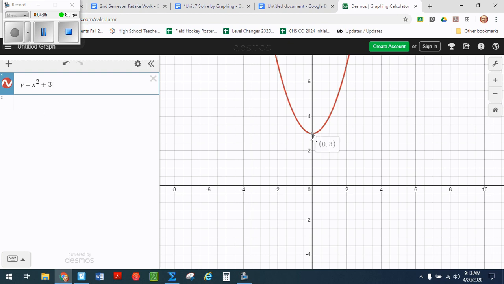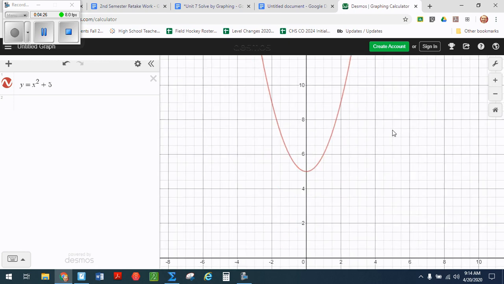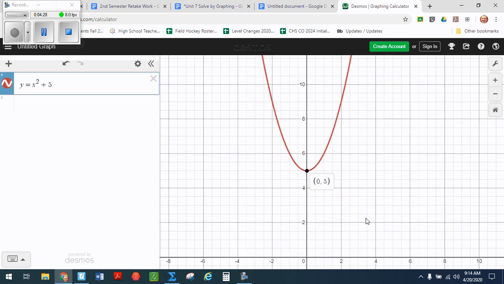It's 0, 3. If I didn't have the +3, my vertex was at 0, 0. If I put a +3, my vertex is at 3. If I put a +5, my vertex is at 5. The whole graph is still there, but the vertex is at 5.